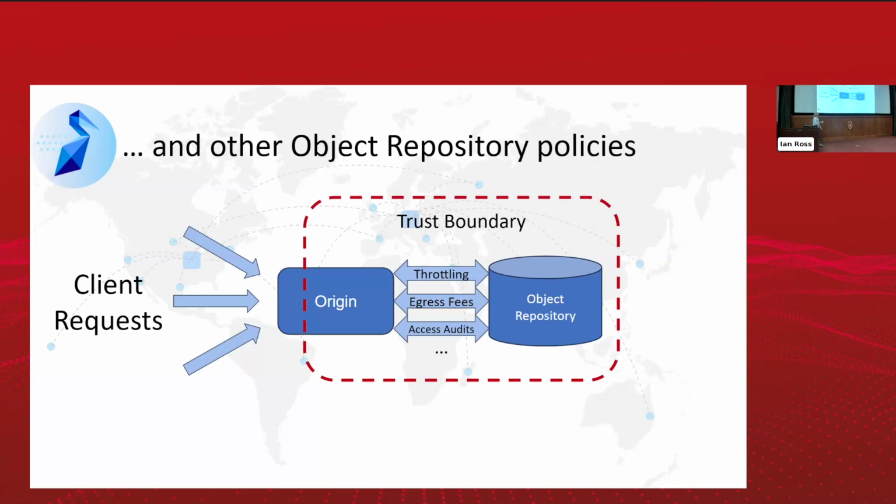How does the object repository tell the origin what the maximum cost it's willing to incur? Maybe the object repository has auditing requirements. If you're going to come and ask me for a piece of data, I want to know who asked for that data, when they asked for it, etc. These are all kind of hard things to address, and I think there's a lot of work to do here yet. But it's one of the things that we have to think about when we're creating new origin backends.